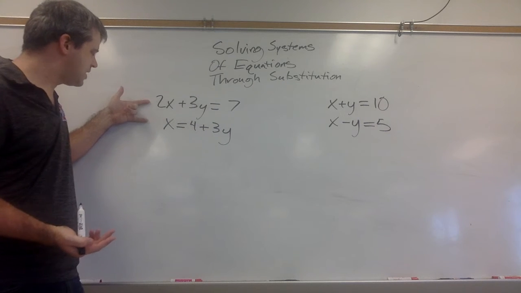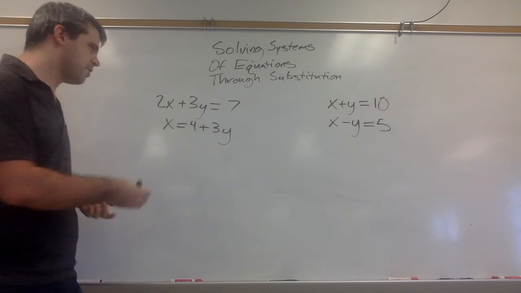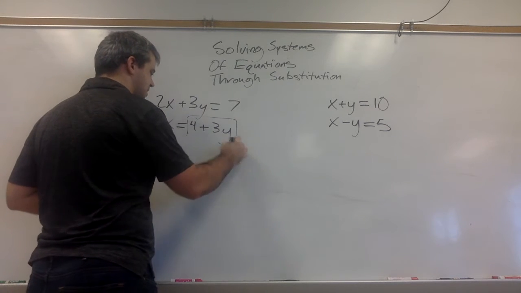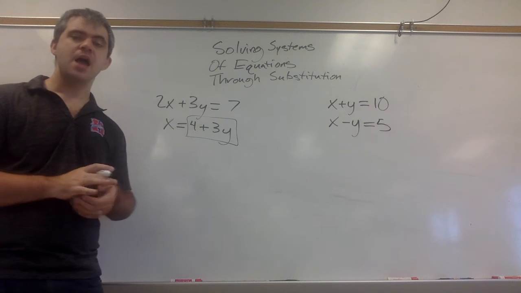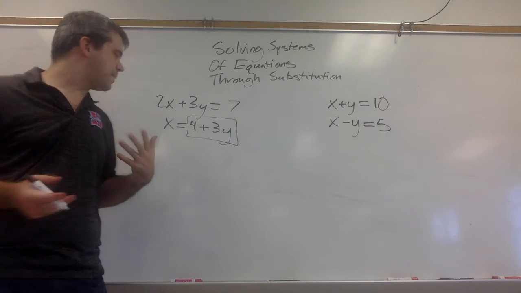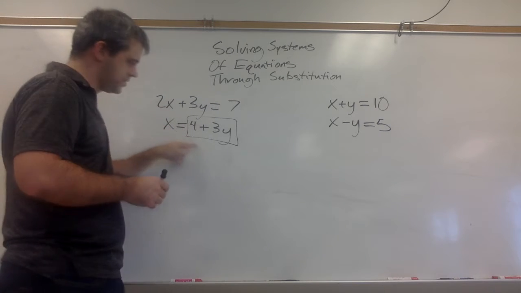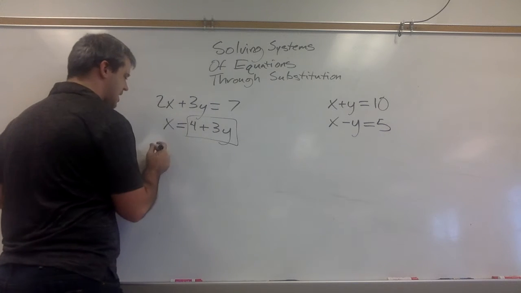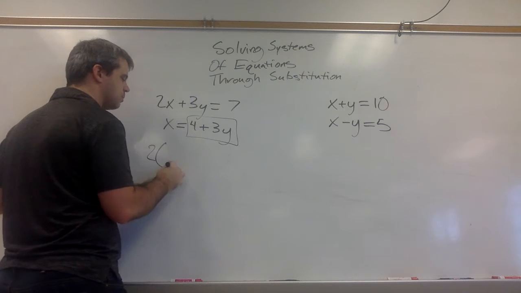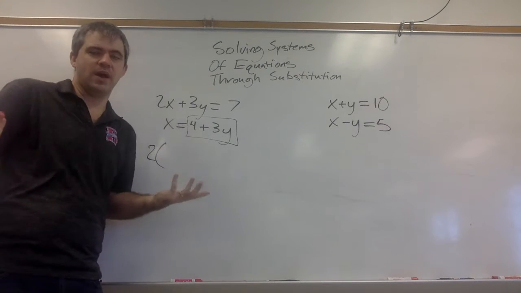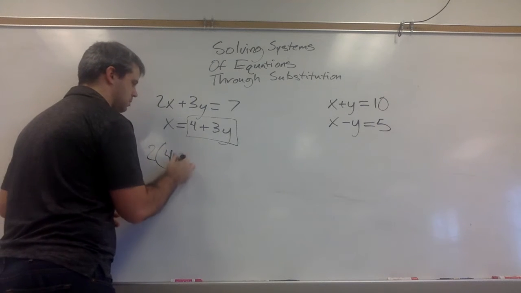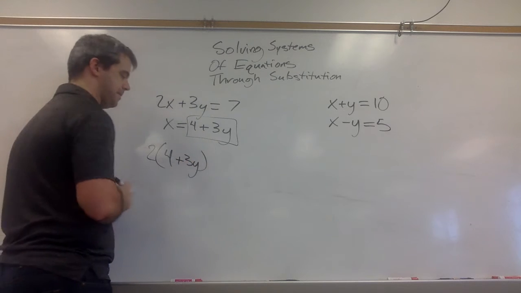Now, in this case, this x is already isolated, so I can say that x equals this. Now, what I do once that happens is I make a substitution. I say, oh, well, I know that x equals this, so I can take this right here and replace it with whatever x equals. So 4 plus 3y.